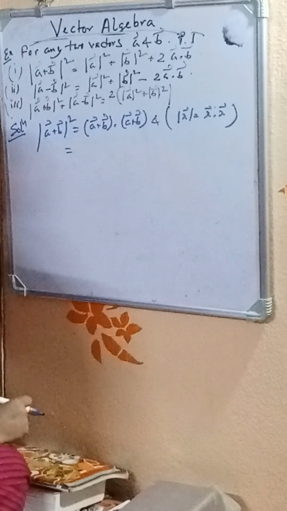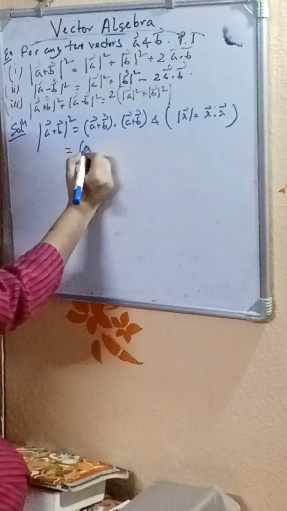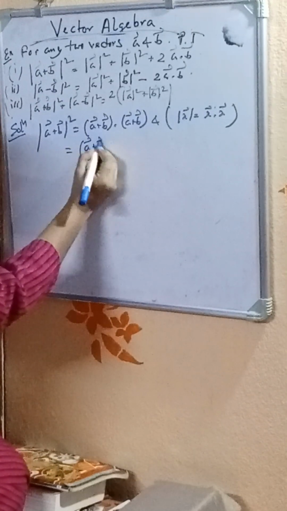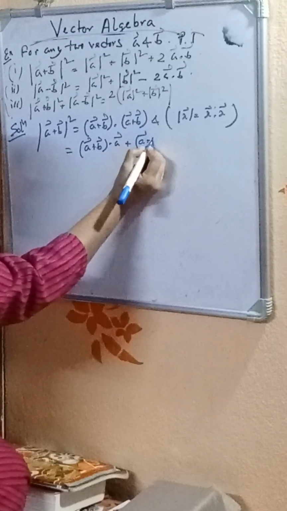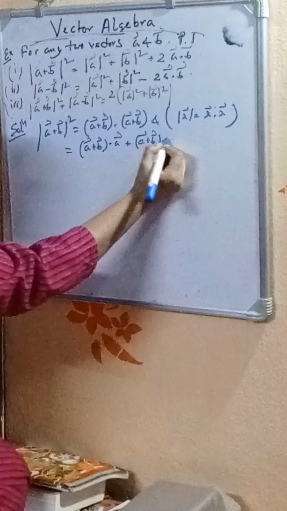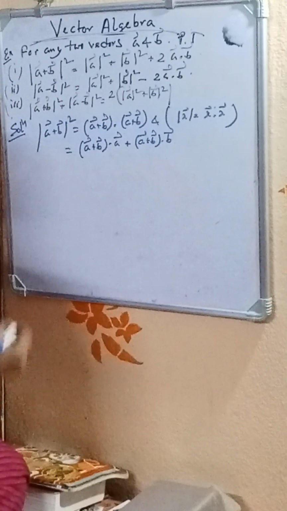Now from the distributivity of dot product over vector addition, we can write this as A vector plus B vector dot A vector plus A vector plus B vector dot B vector. This is the property of distributivity.